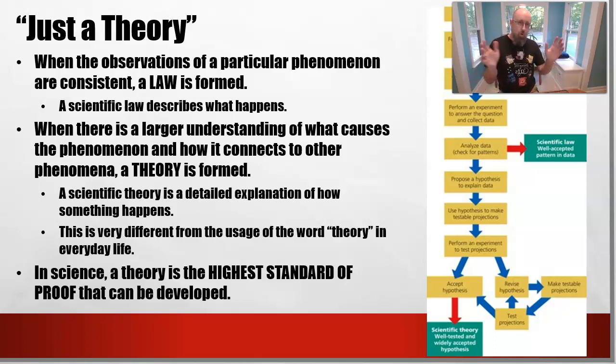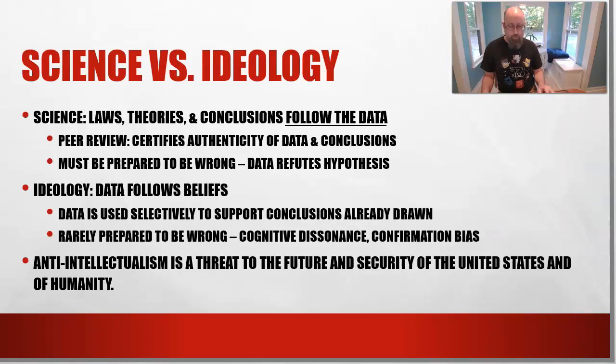We make small corrections based on what we know. And so a theory is very, very strong. There's no such thing as a weak theory in science. And I want you all to understand that. It's important to use words correctly, and I like to emphasize that in my class.